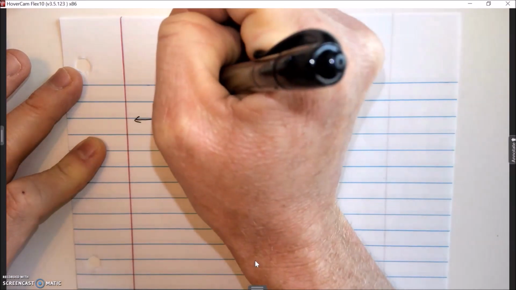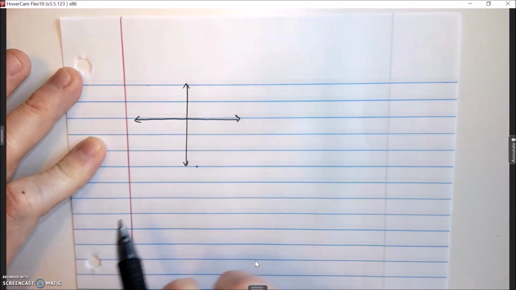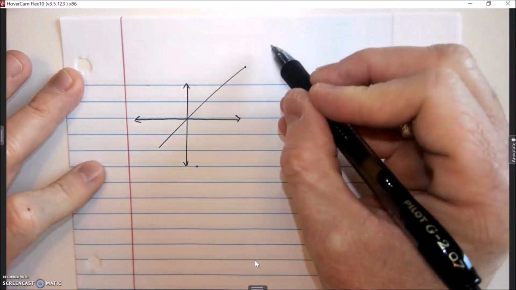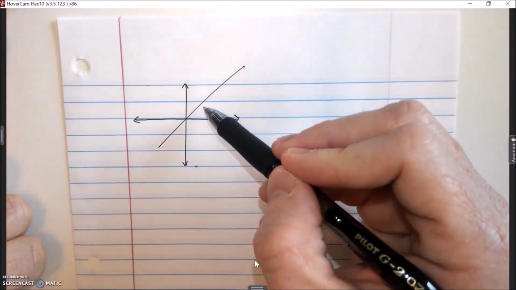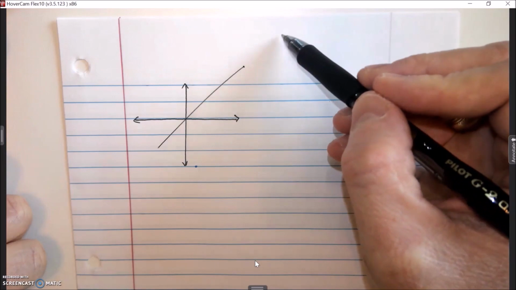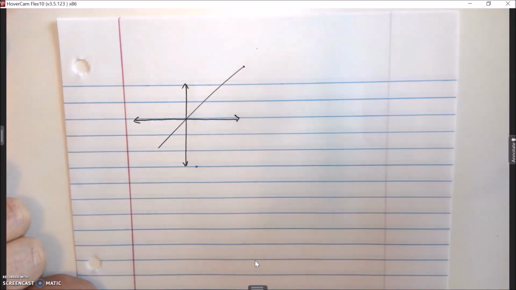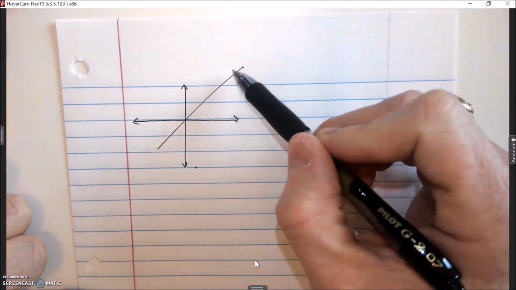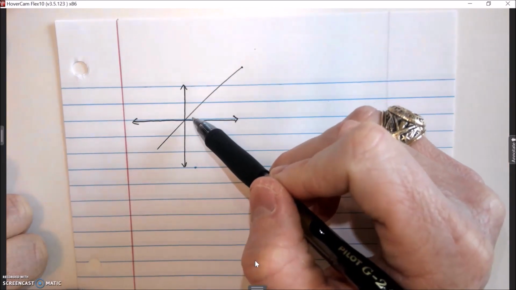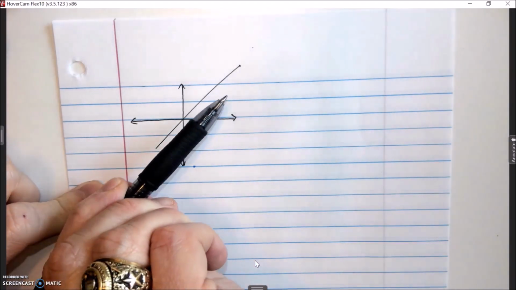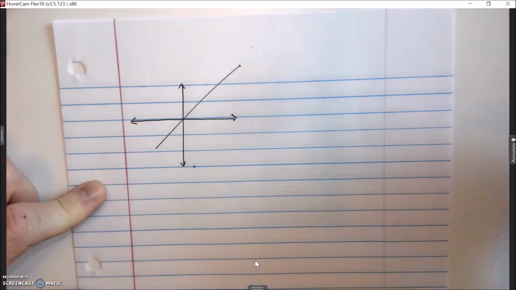Here's our coordinate plane, something you guys are all used to seeing. Now, if I have a line like this going straight through, the steepness of this line is constant throughout. It is consistent. Last week we just spoke about linear equations, so this would be a linear equation. It's a straight line, but this specific line has the same steepness throughout. It is going in one direction and it is not changing.